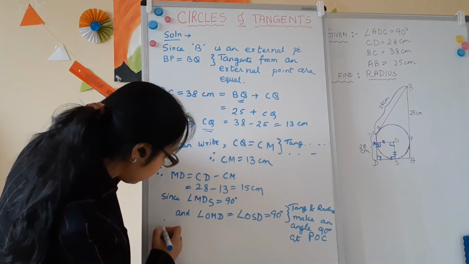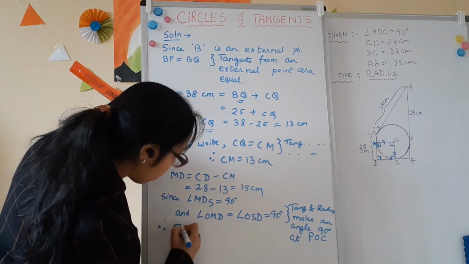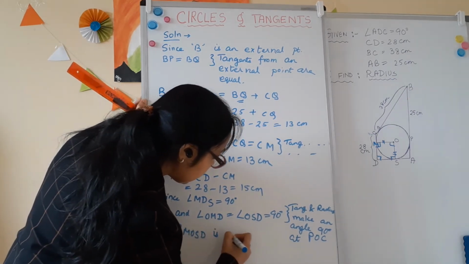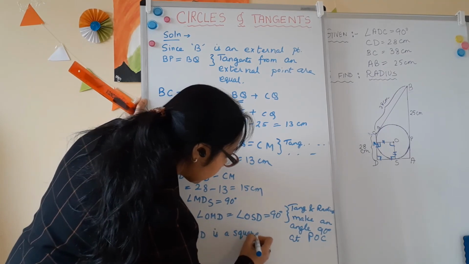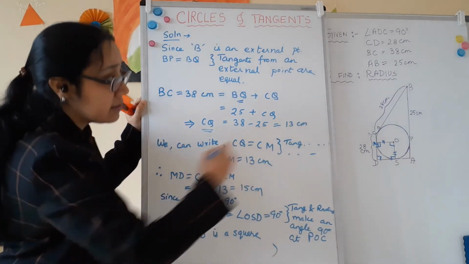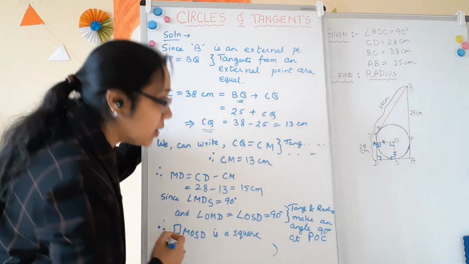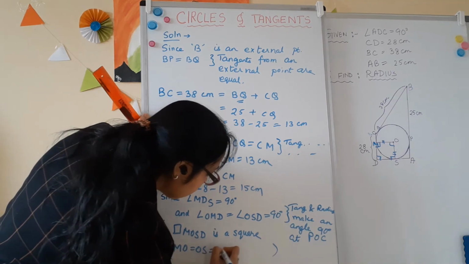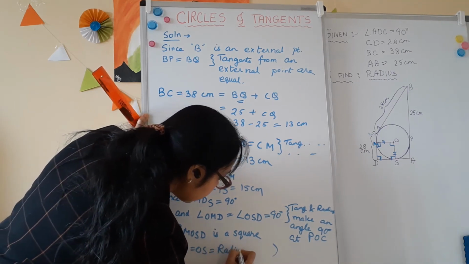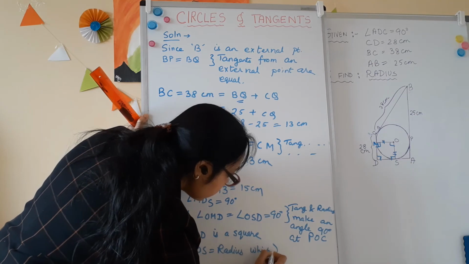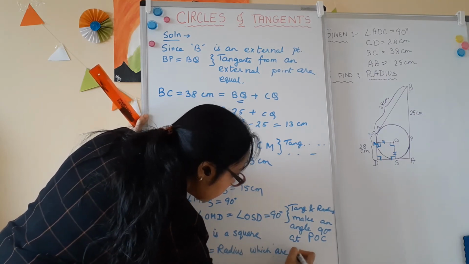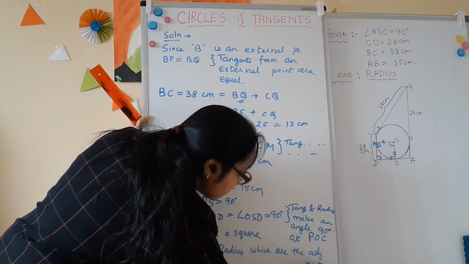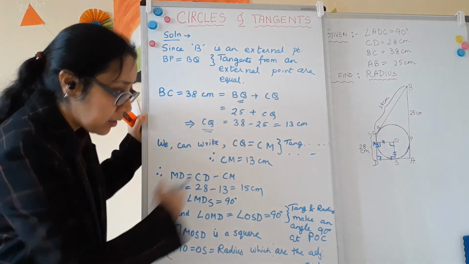Adjacent sides, so since, therefore, quadrilateral MOSD is a square. You can add that adjacent sides are also equal. So we can write MO is equal to OS is equal to radius, which are the adjacent sides. Okay, so write it down to conclude.